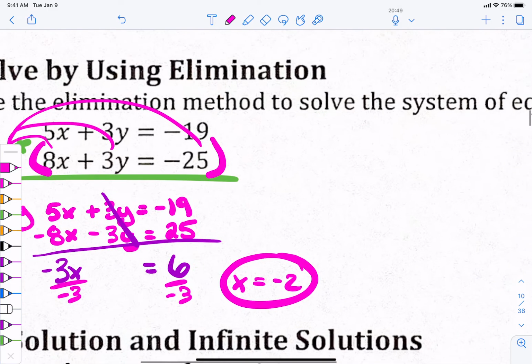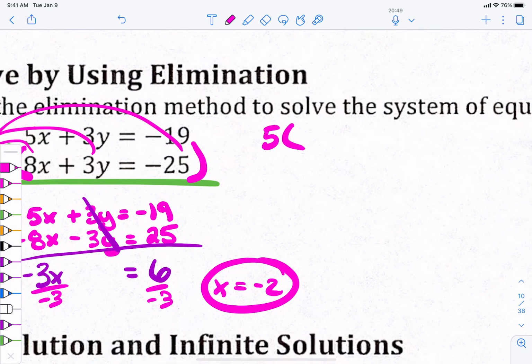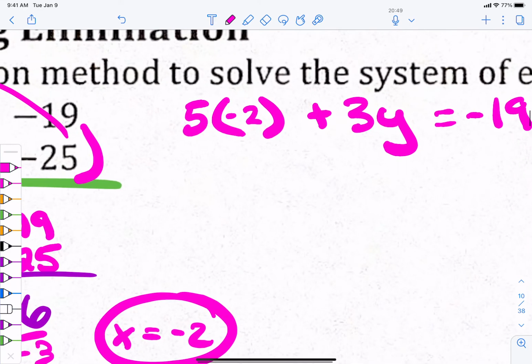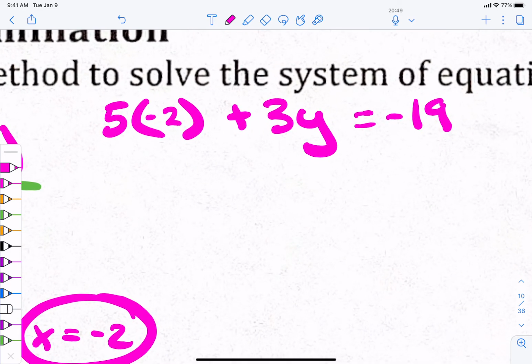The top one? Okay. 5x plus 3y equals negative 19. We're plugging him in for x. Keep that in mind. So x is going to be negative 2. We're going to plug him in that spot. Okay? We're doing okay so far? Now what? Multiply those together.